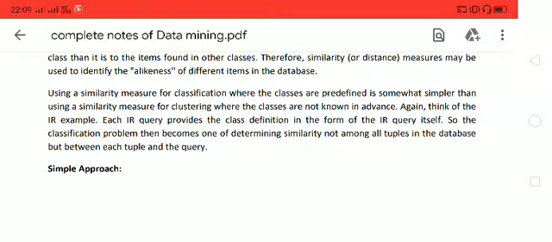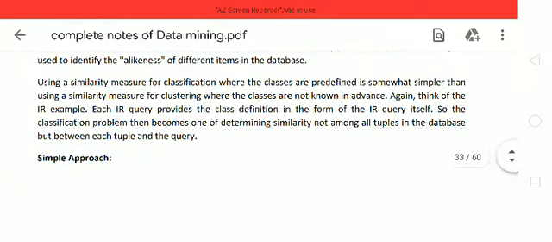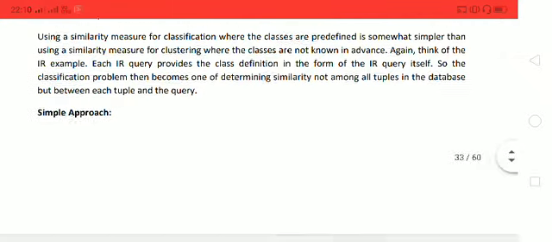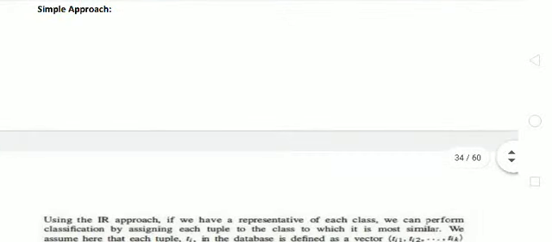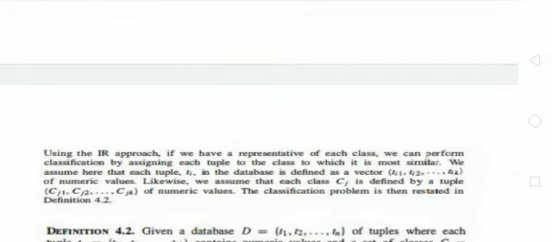It will try to map your query, which is similar to the database items, and it will classify the query with the database content accordingly. So this is what you call the IR example. We will just consider a simple algorithm approach for this classification. As we know, we are using an IR approach for this.